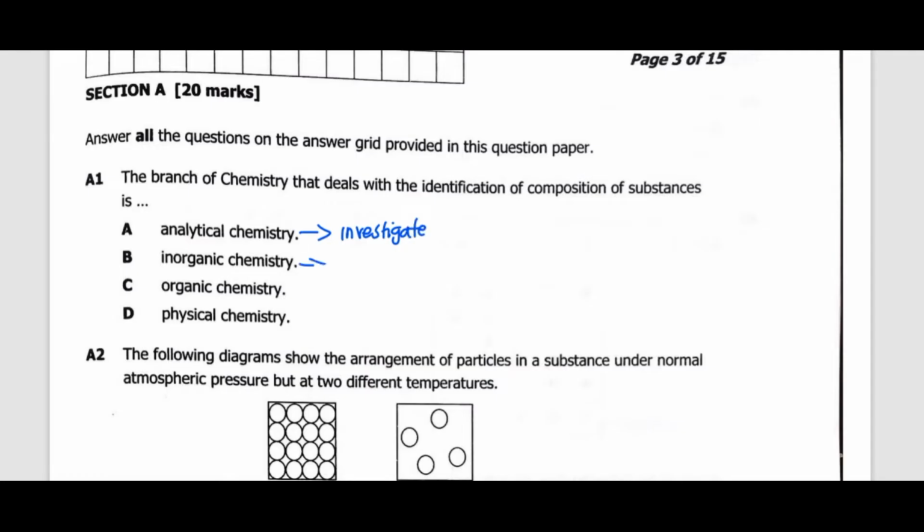Then inorganic chemistry deals with compounds that do not contain carbon, so compounds with no carbon atoms. Then what of organic? We know organic chemistry deals with compounds with carbon elements.